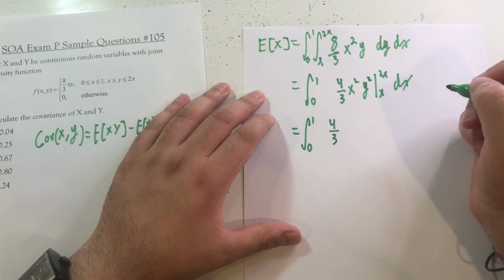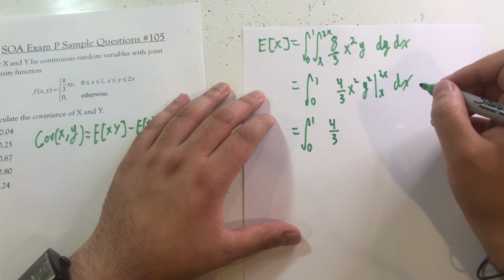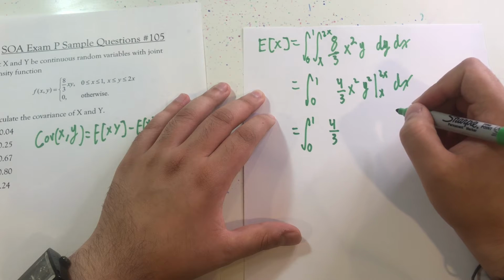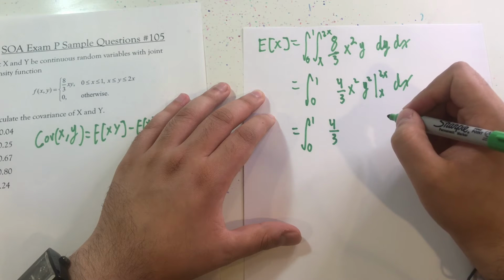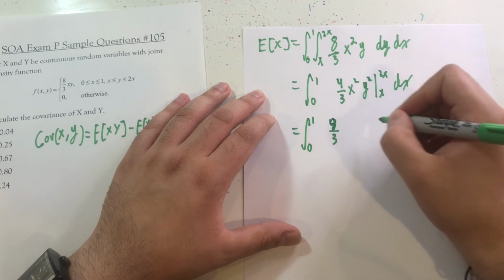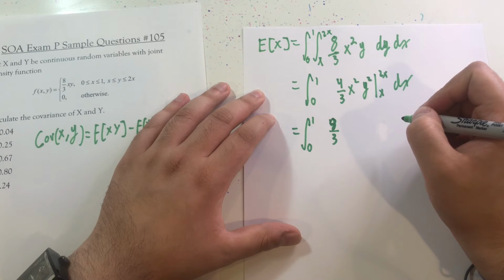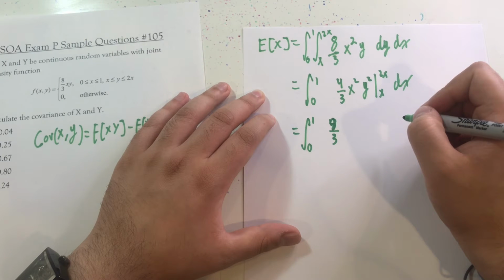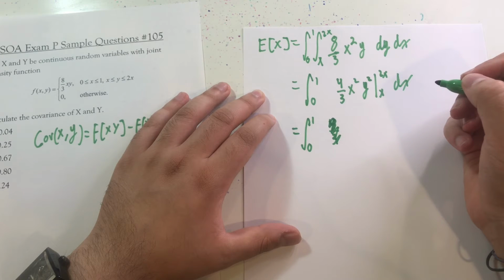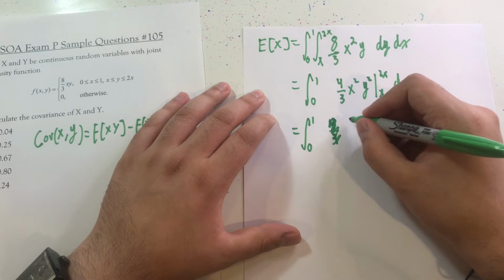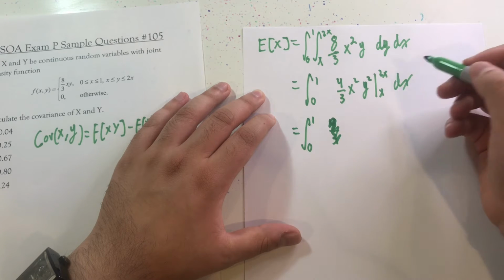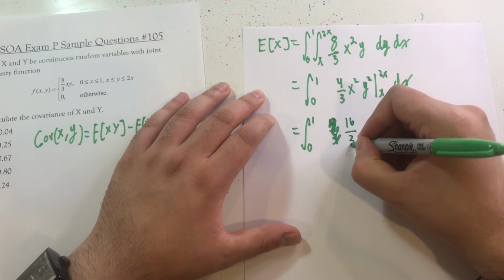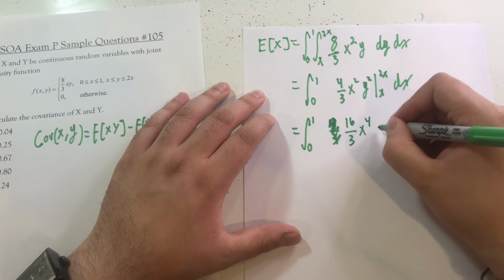Let me just make sure I have this right. Yeah, so I'll just rewrite this. 8 over 3. Sorry about that. Okay, so y squared, 2x squared, 4x squared should be 16 over 3 x to the 4th.